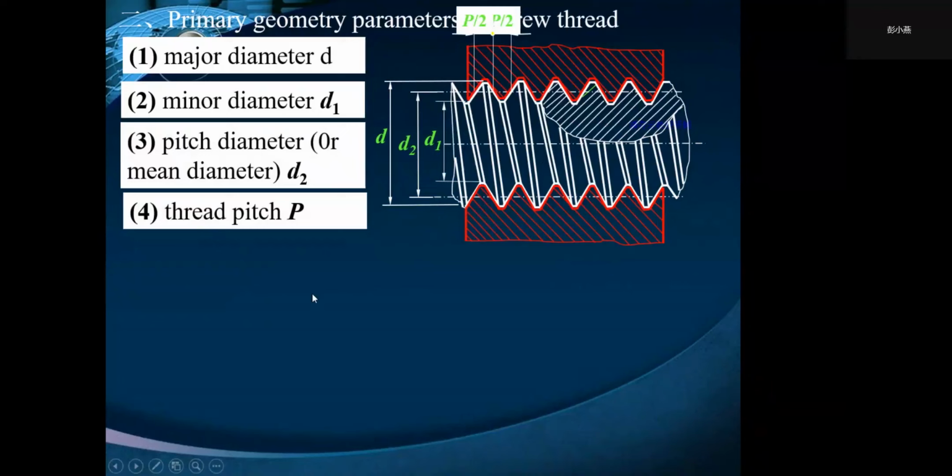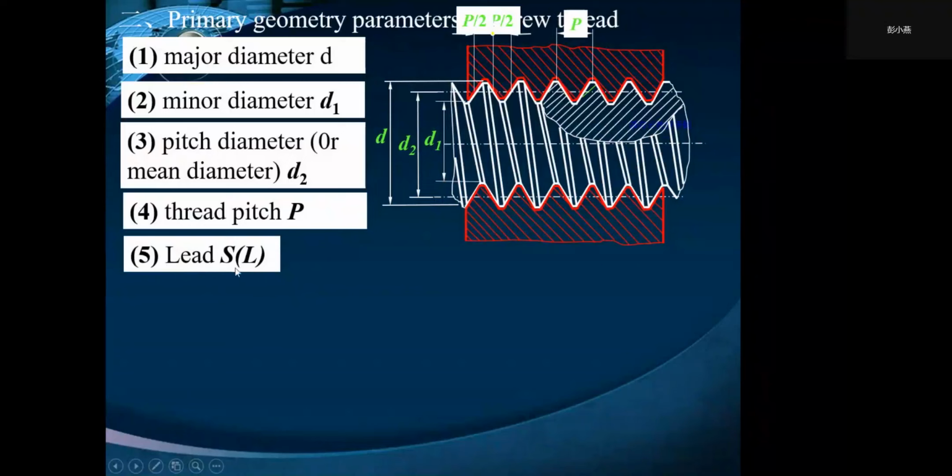Thread pitch P. From there to there, the actual distance between corresponding points on adjacent threads. This is the pitch of the thread.